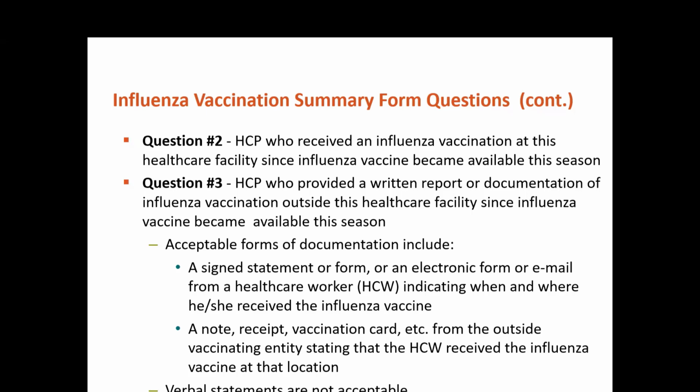Acceptable forms of documentation include a signed statement or form, an electronic form or email from the healthcare worker, or a note, receipt, or vaccination card from the outside vaccinating entity. Verbal statements are not acceptable for the module.